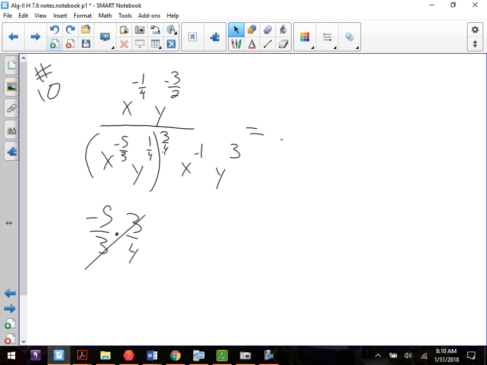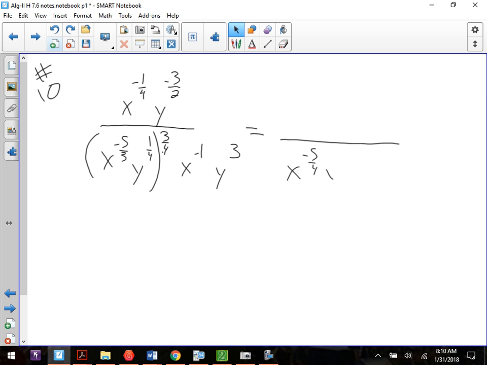So I know I have an x to the negative 5/4. Then I do the same idea with the 1/4 times 3/4 gives me 3/16. I'm going to move those two down, x to the 4th, and then y to the 3/2. This y cubed stays down here. This x goes up, and I think we've moved everything except for that x to the 5/4.